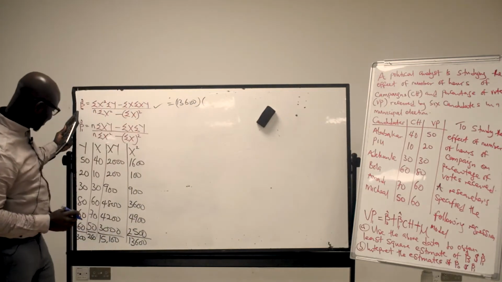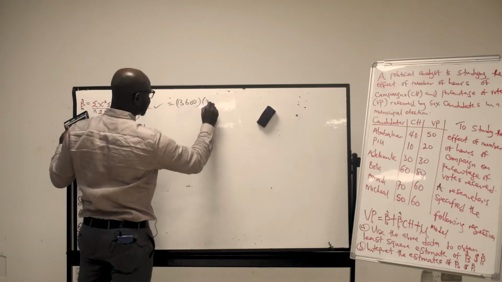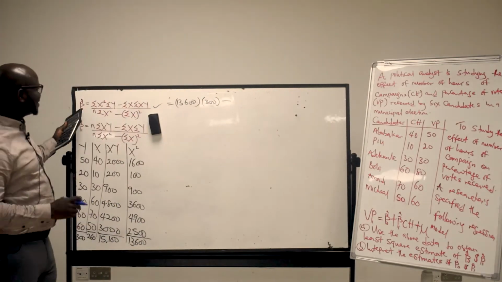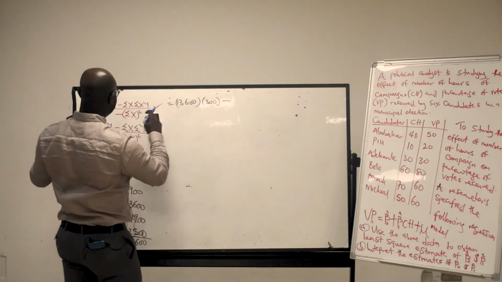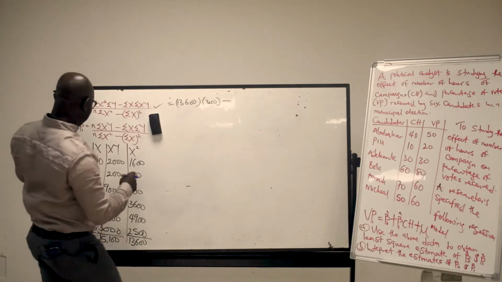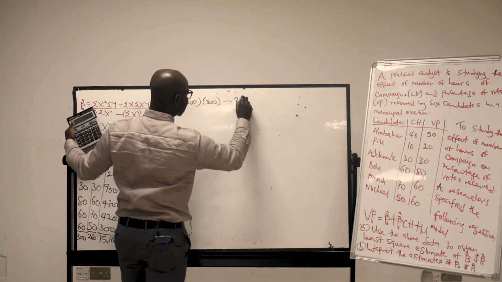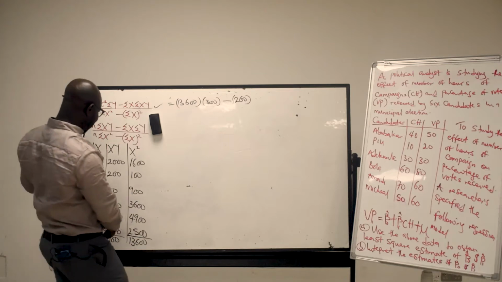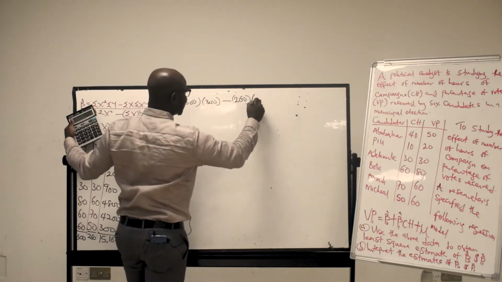Into y, and our y is 300, minus, right? Minus x, which is 260, into xy. That is 15,100, sorry.